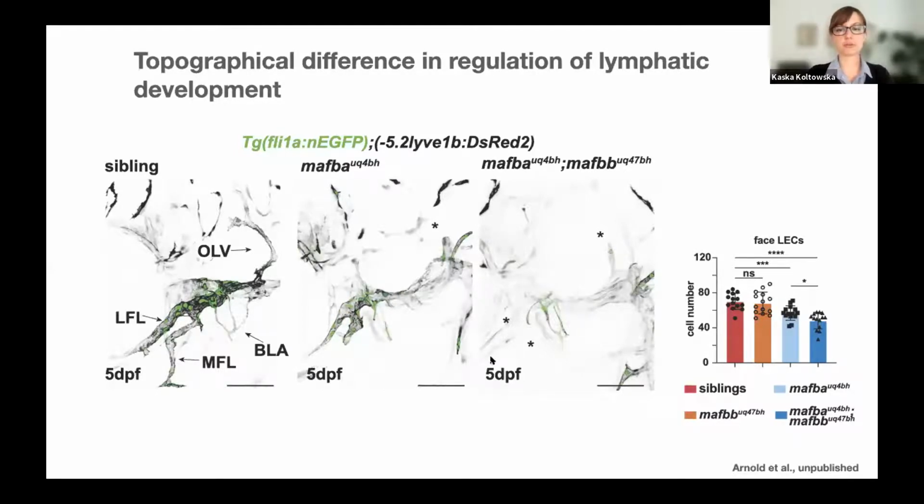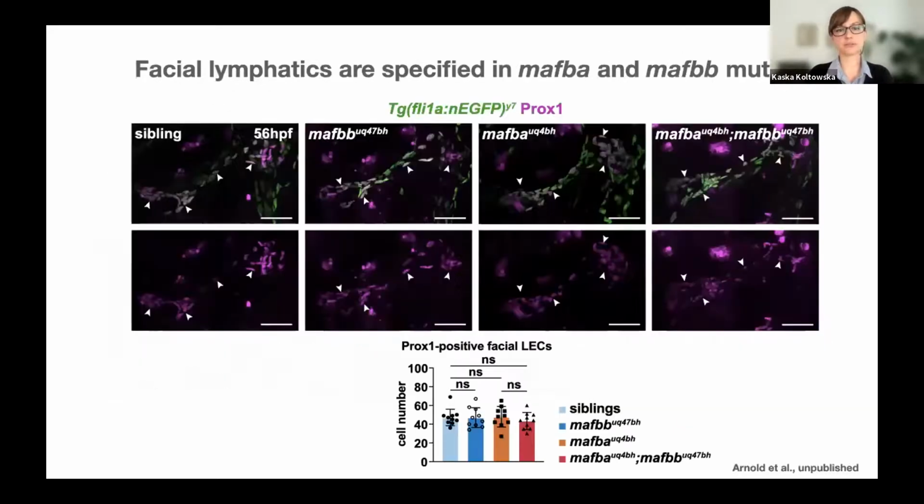Further on, the number of cells comprising this lymphatic vasculature was also slightly reduced compared to the single mutants alone, suggesting that these two paralogs actually play topographically distinct roles, and the compensation only occurs in one region of the embryo, not the other.